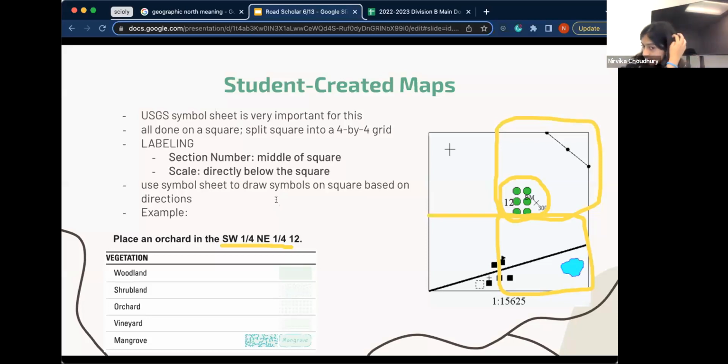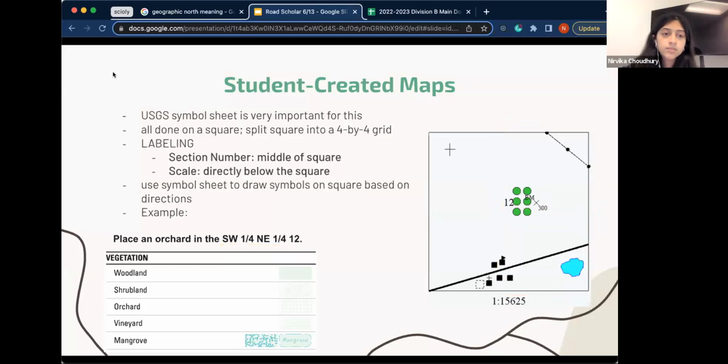Yeah, you guys are all getting it right. Southeast quarter of the southeast quarter, and you have to make sure you do it in the same format: southeast 1/4, southeast 1/4, 12, because it's section 12. Okay, let me clear this. That's kind of how map drawings work, and these are actually a lot of points in the test, so it's good to have that.